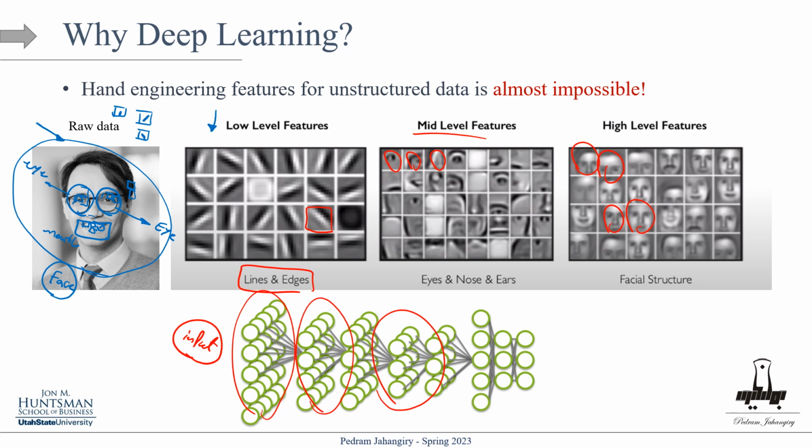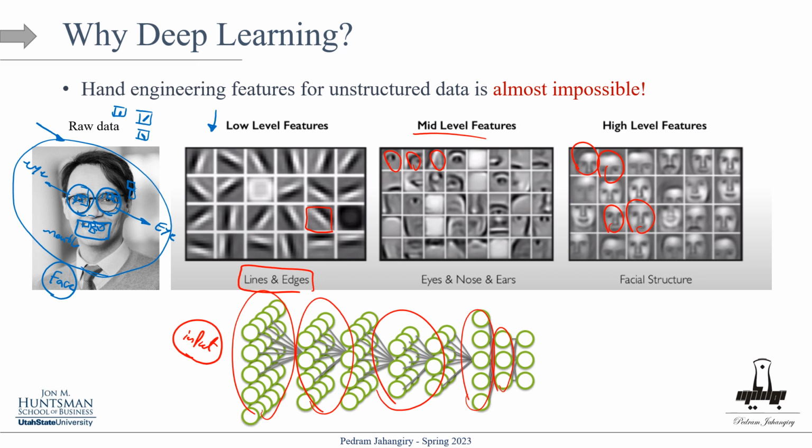Then I can pass those extracted features to a simple machine learning model to perform classification, right? At the very last layer, I can apply simple logistic regression for classification and things like that. So that's why deep learning is designed and structured for working with unstructured data, not machine learning, not econometrics.